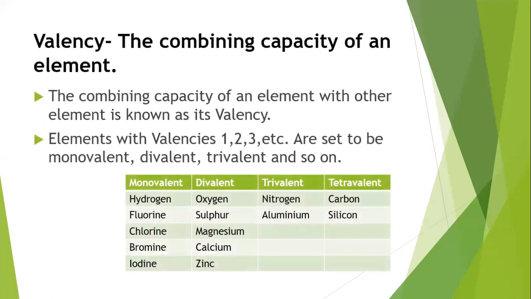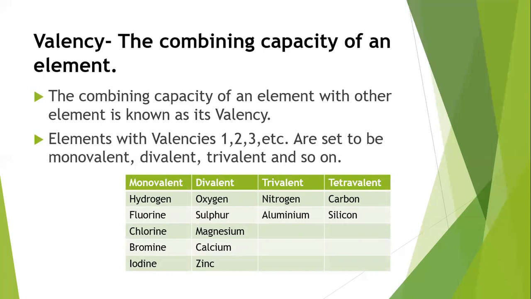Now the next topic is valency. It is the combining capacity of an element. So first is the definition of valency. The combining capacity of an element with other elements is known as its valency. The valency of hydrogen is considered to be 1.